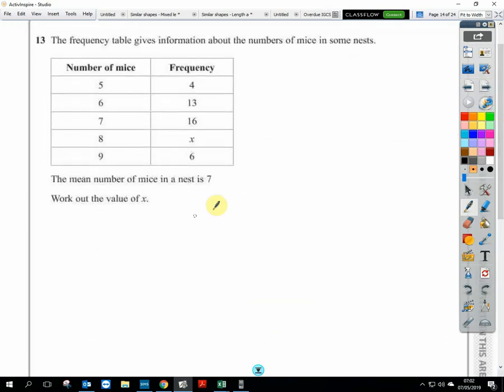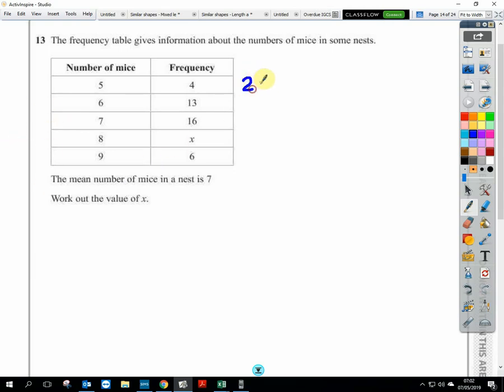Next. Okay, so just this question is a little bit more complicated than usual. So just think, how would you work out the mean from a table? You would multiply all these products together, and we would divide it by the total frequency. So let's do that. When we add up all of these numbers, we're going to end up with something like this.